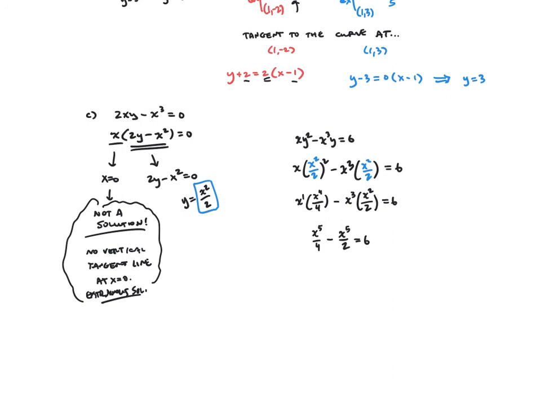So we have x to the fifth over 4 minus 2x to the fifth over 4 is equal to 6. Thus, if I subtract, I get negative x to the fifth over 4 is equal to 6.